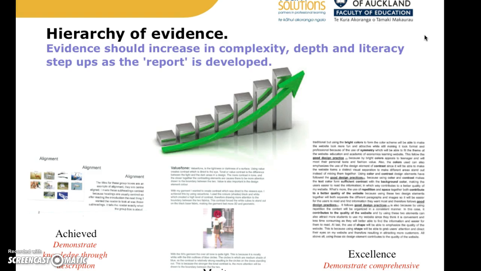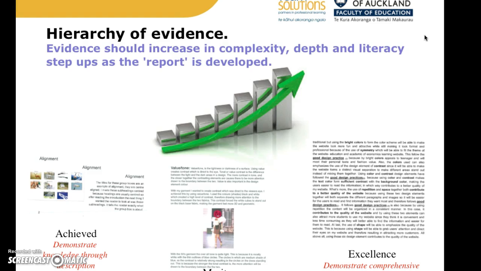Another thing to consider is the hierarchy of evidence. Evidence should increase in complexity, depth, and following the literacy step-ups as the report is developed. What do I mean by this? For example, the wording in the Achievement Standard states that for achieved, the students must demonstrate understanding.